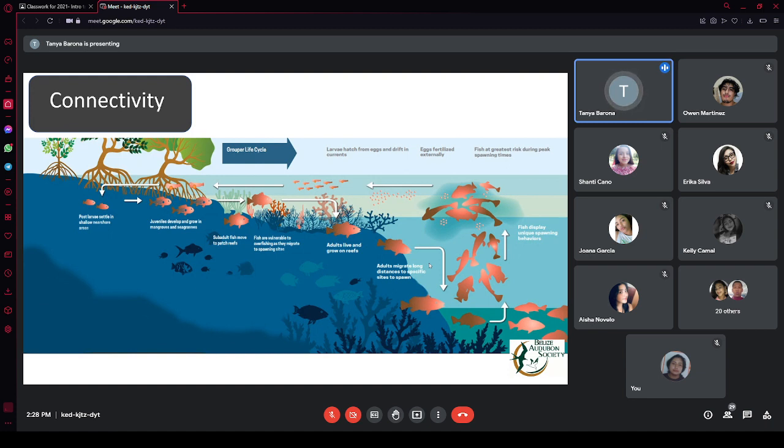Other than groupers, you have, I believe, lobsters. Their juveniles go inside the seagrass beds, and then the largest grazer in the Atlantic Ocean also depends on the mangrove system, and that is the rainbow parrotfish. I believe it grows to about 3.5 feet in length. All right.